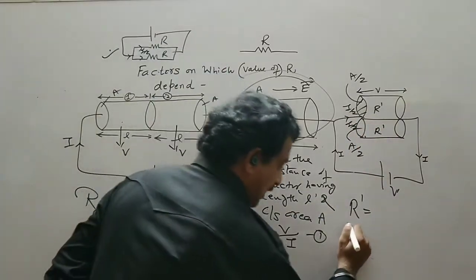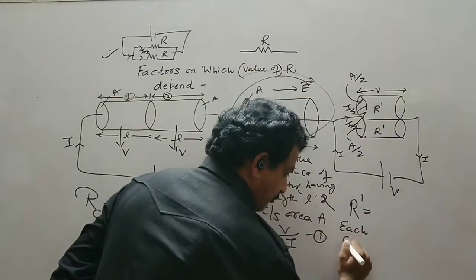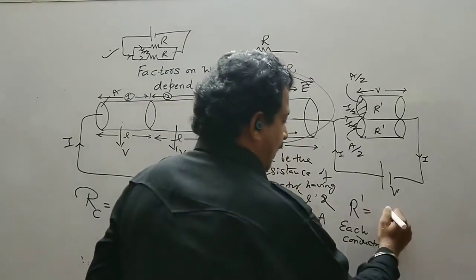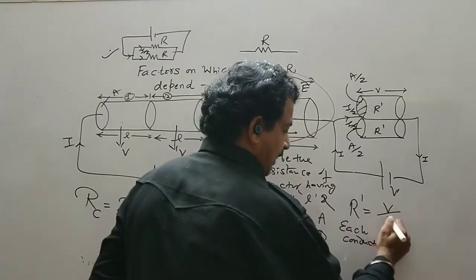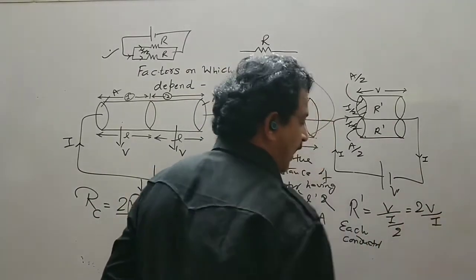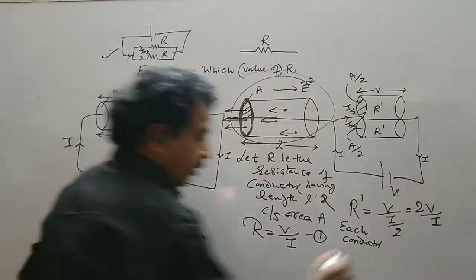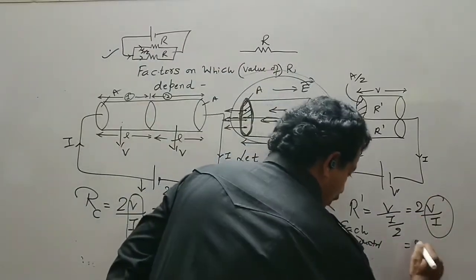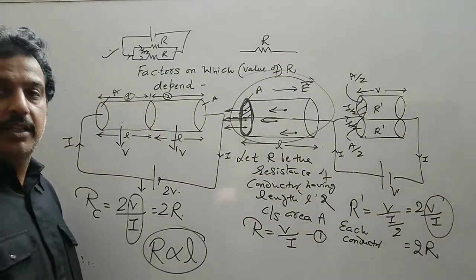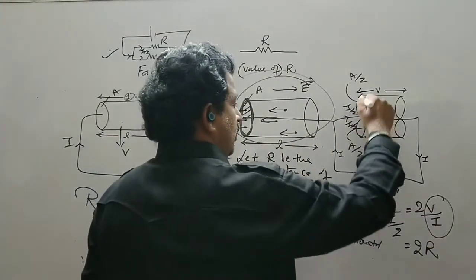So for each slab, we can write R dash is equal to voltage V and the current I by 2. So it becomes 2V by I. Now V upon I is R, so again it becomes 2R. It means the resistance is doubled when the cross section is half.